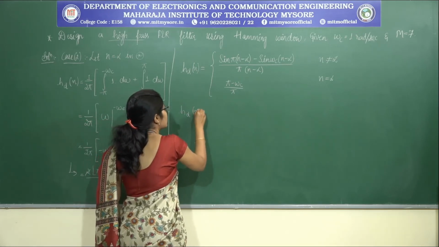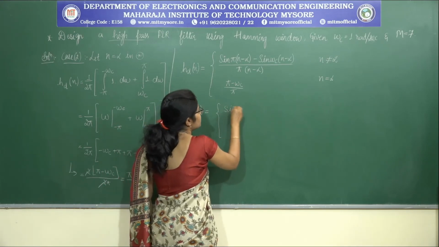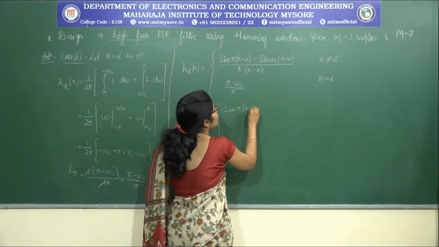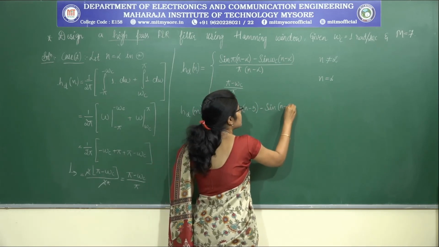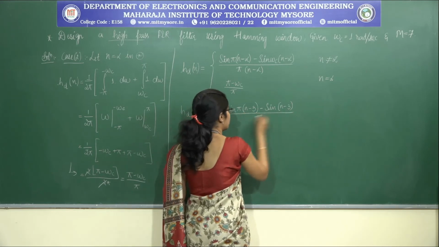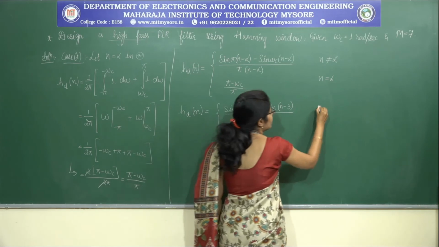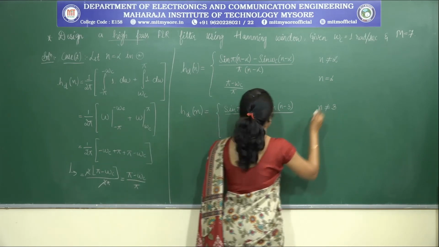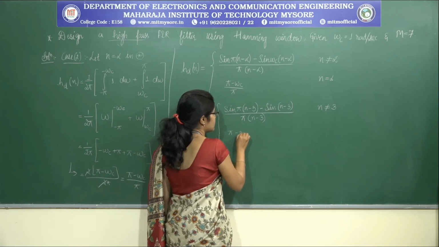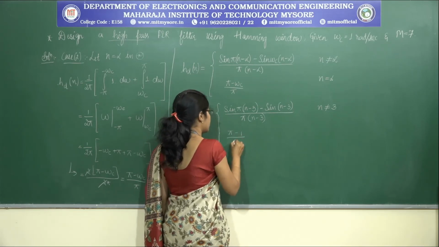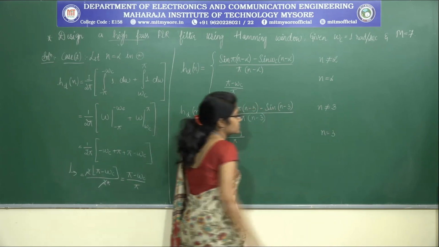Therefore hd of n will be equal to sin(pi(n minus 3)) minus sin(n minus 3) divided by pi into (n minus 3) when n is not equal to 3. When n is equal to 3, the equation is pi minus 1 divided by pi. Okay, so this is the first step.